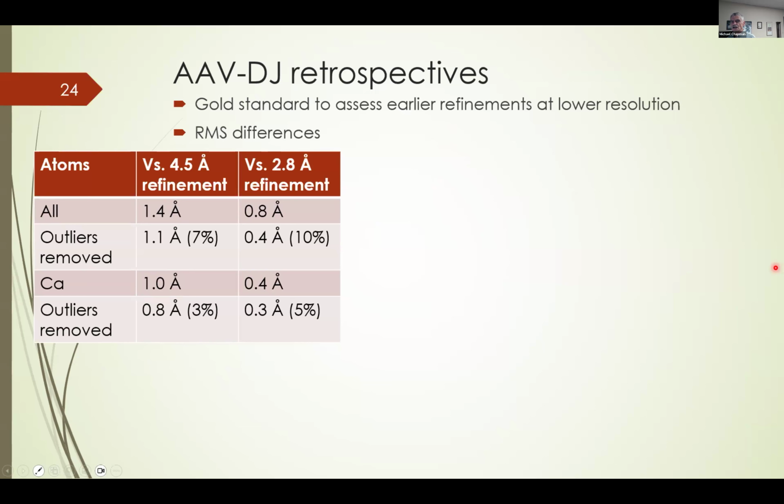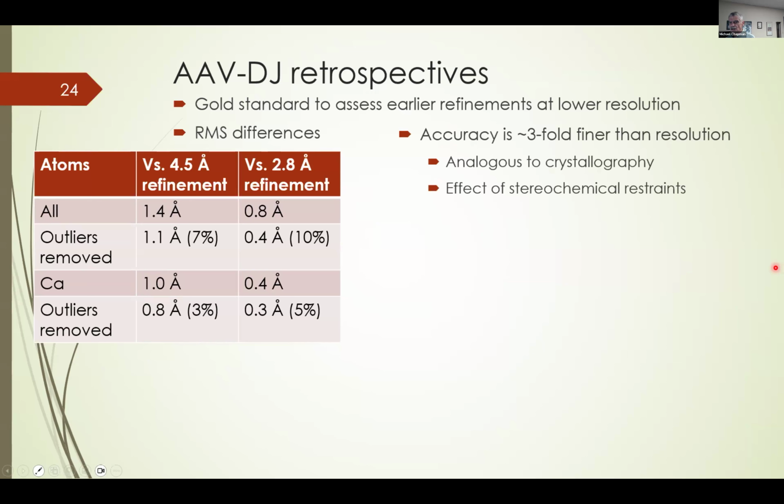And this is an effect that is similar to what we see in X-ray crystallography, but it is probably not as great. I think in X-ray crystallography, it's been estimated that the atomic accuracy can exceed resolution 5 to 8-fold. And here we're seeing it to be about 3-fold better.